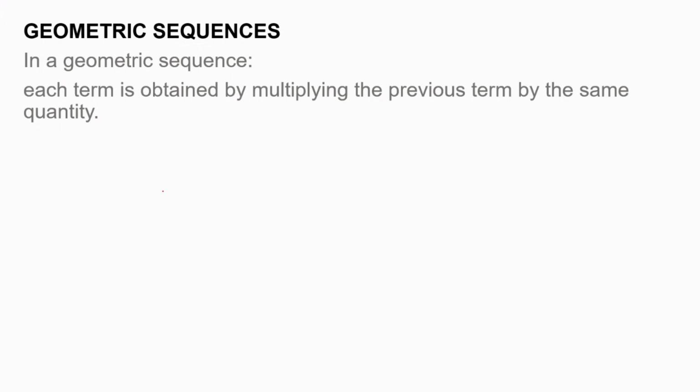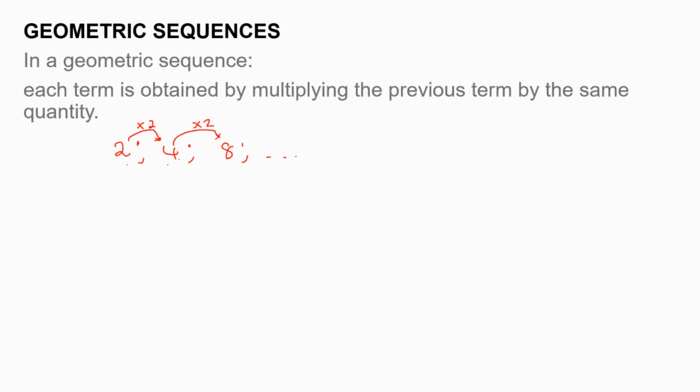Let's look at these geometric sequences. Let's say we have a sequence of 2, 4, 8, like that. Now, how do we get 4 from 2? We say 2 times 2. And then how do we get 8 from 4? We say 4 times 2.